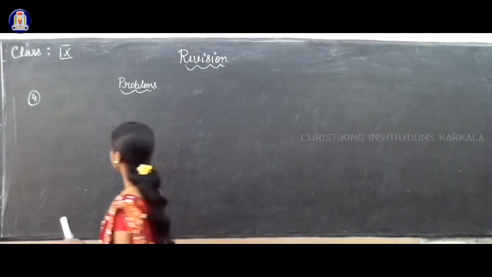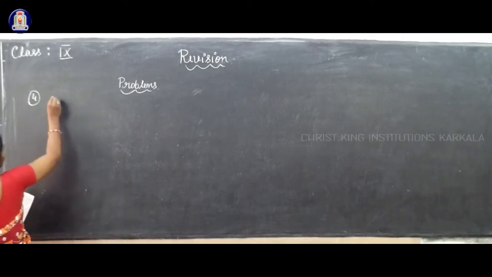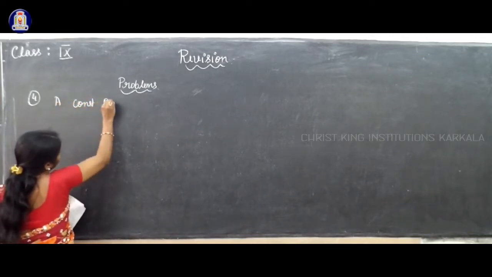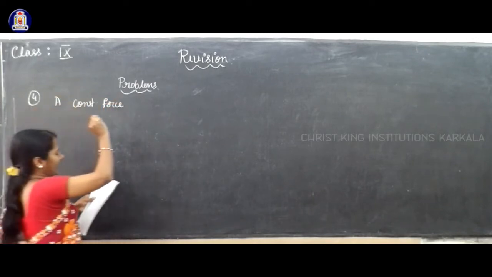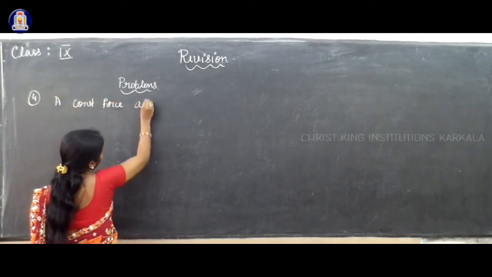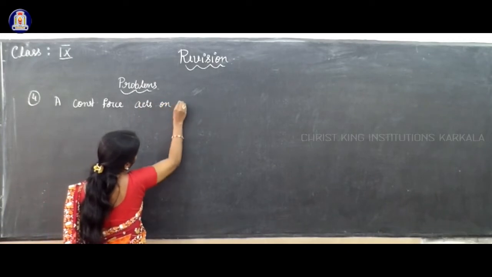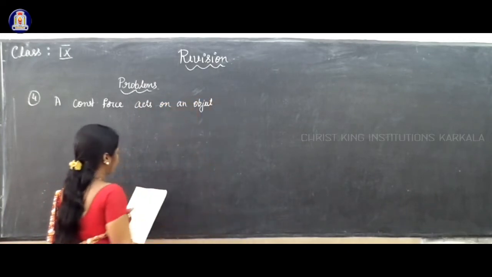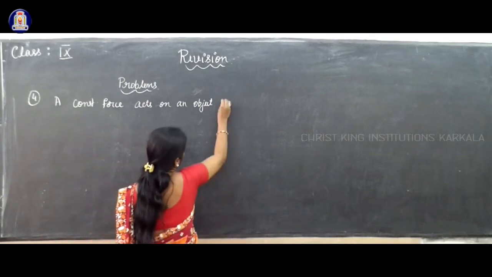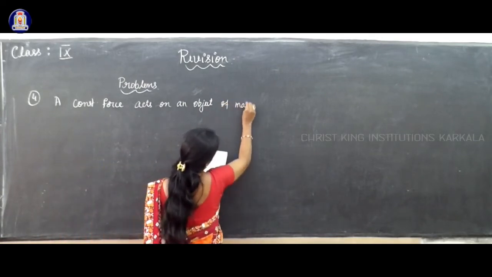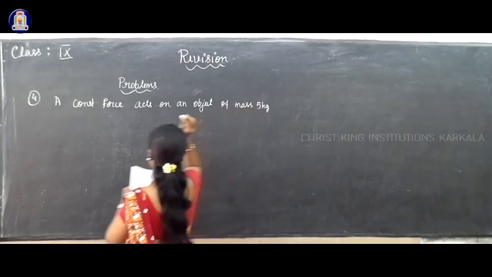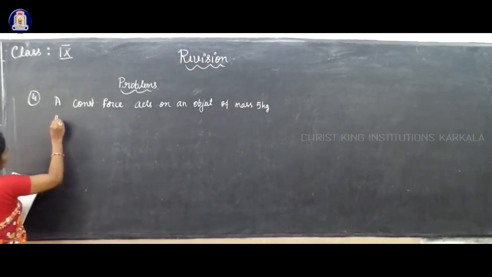So the question is like this: a constant force acts on an object of mass 5 kg for a duration of 2 seconds.